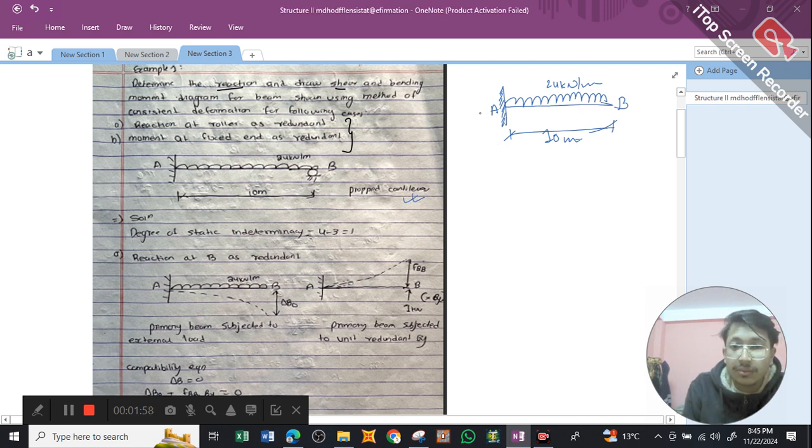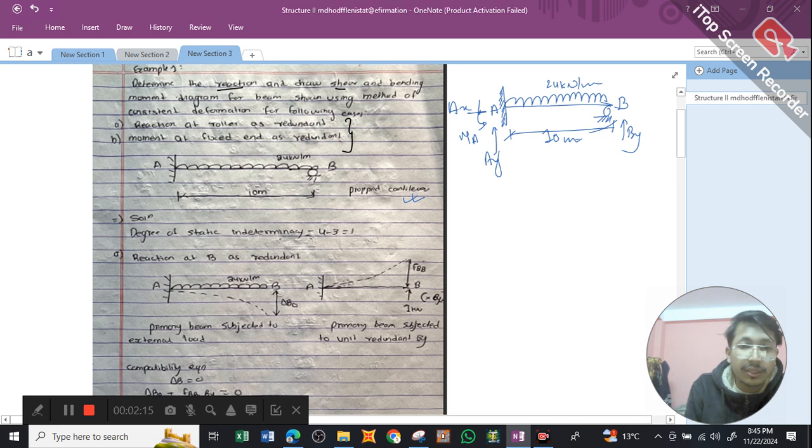As you can see, we'll have AX, one support reaction, AY, the support reaction, and the moment about A, which is denoted as MA, and we have a roller support over here, so we'll have another reaction as well, which is known as BY.